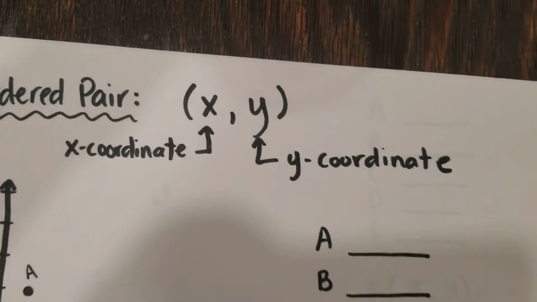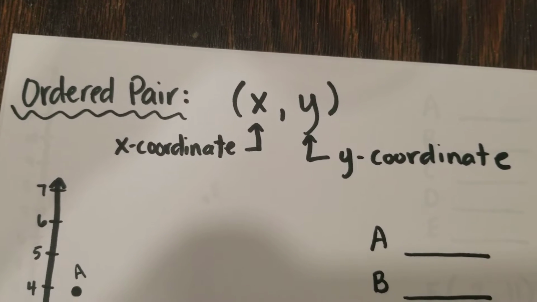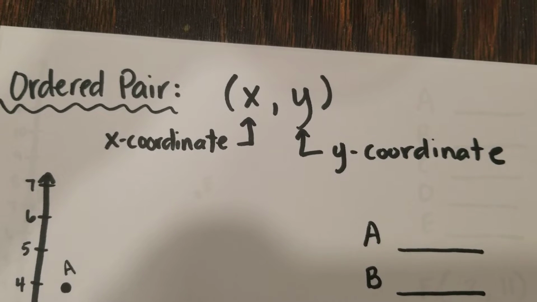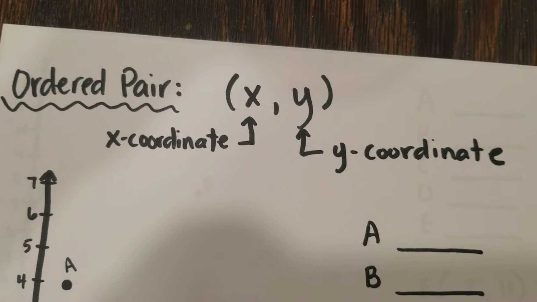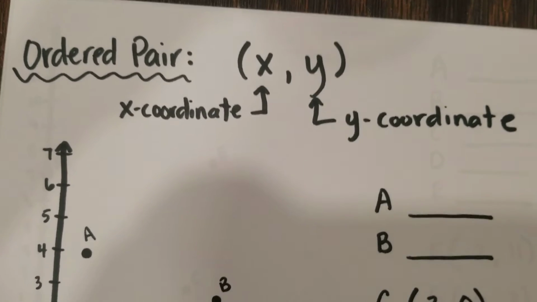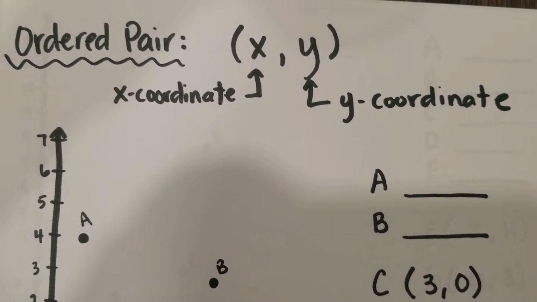Okay, so an ordered pair is kind of like an address. It's a location for points inside our coordinate plane. Okay, so when we want to plot a point or we want to plot some data, we use an ordered pair to describe its location.